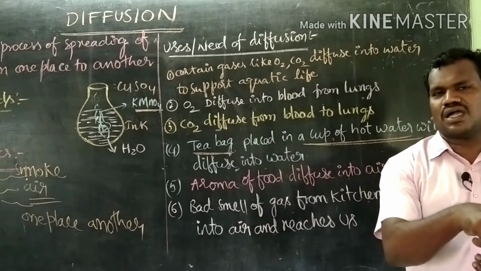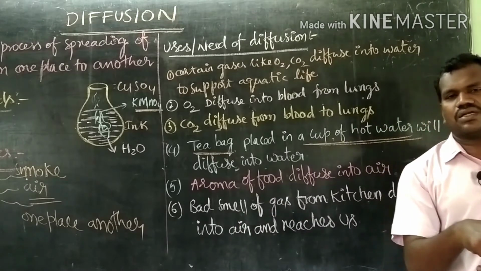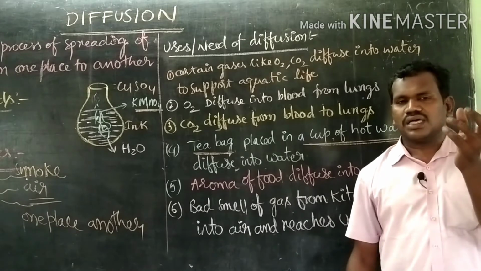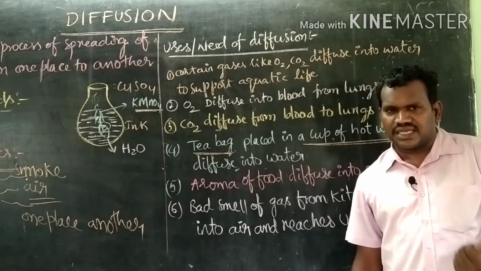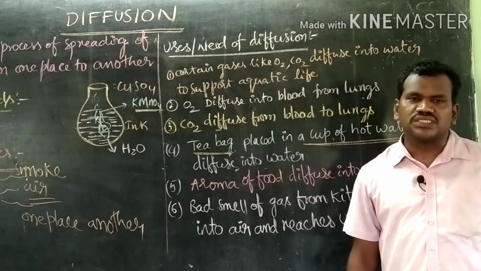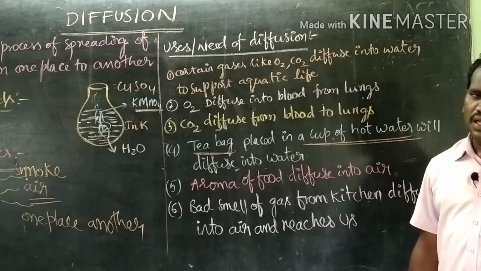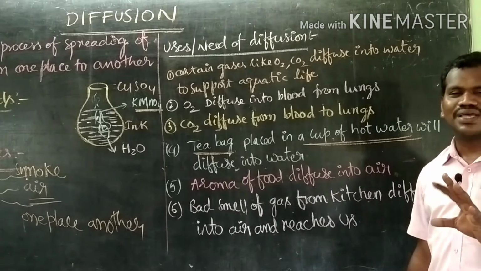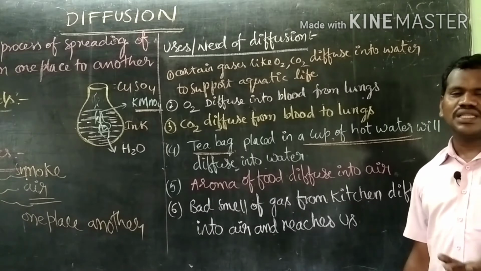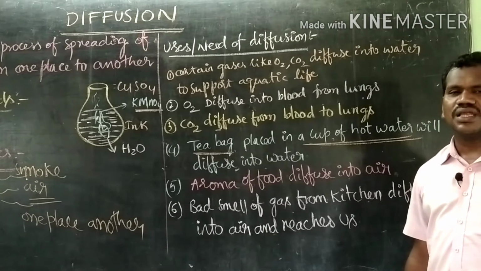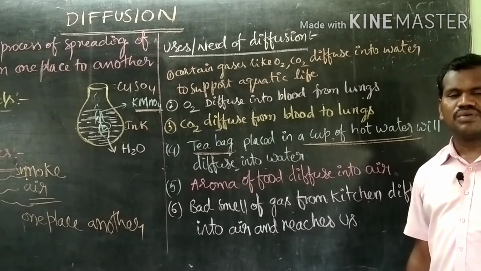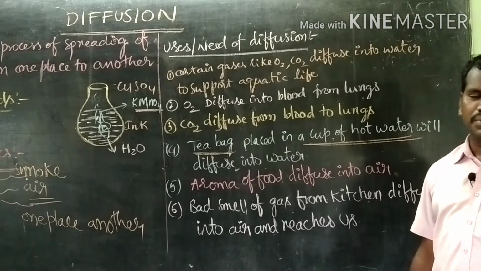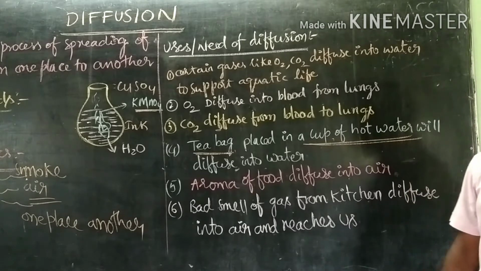When you put the tea bag into that milk, what happens? The essence present in the tea bag diffuses into the hot milk and mixes with it. Instantaneously we prepare the tea or coffee. Generally it is possible with tea molecules only. Why? Because the particles of the tea molecules are big when compared to the coffee molecules.